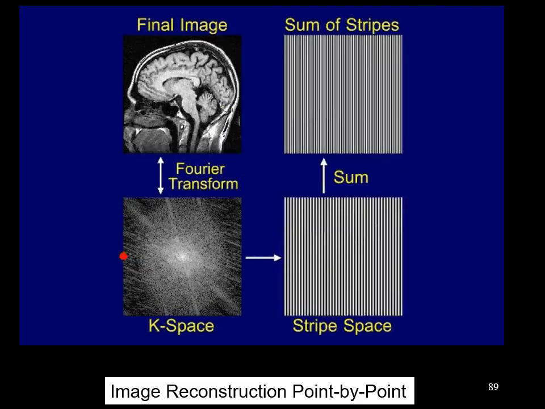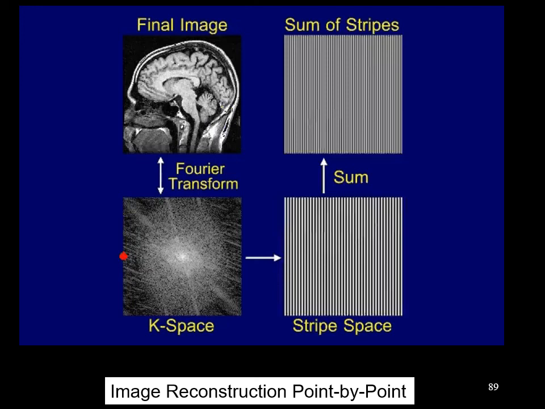I want to orient you to this animation before I play it. In the bottom left-hand corner, you have the k-space data that is going to be used to reconstruct the head in the upper left-hand corner. So the data in the bottom left is the same as the data in the upper left, and the relationship between the two is the Fourier Transform.